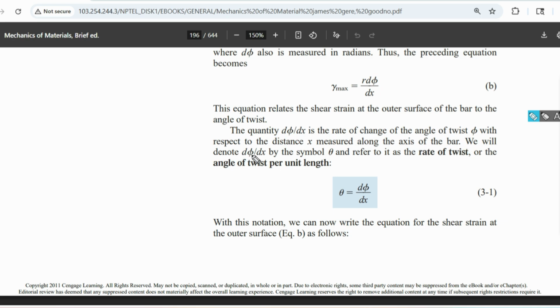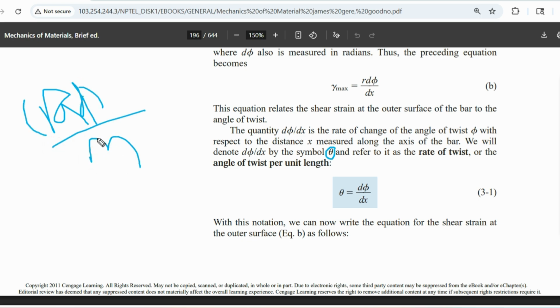We will denote d phi divided by dx, the change in phi divided by the change in x, by the symbol theta. And now this sucks. They're just going to say, hey, this is the rate of change of the angle. The angle is in radians, that's the units up top, divided by a distance in meters.